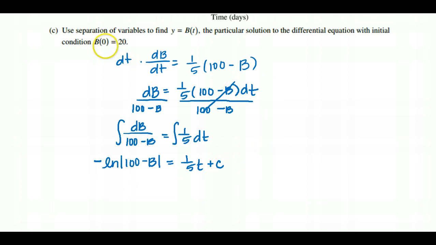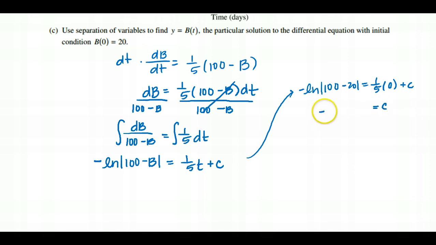The initial condition says when I plug in t equals 0, I get out b equals 20. So let's solve for c off to the side. I'll get negative natural log of 100 minus 20 equals 1 over 5 times 0 plus c. So c is negative the natural log of 80. So I have negative the natural log of the absolute value of 100 minus b equals 1 over 5t minus the natural log of 80.